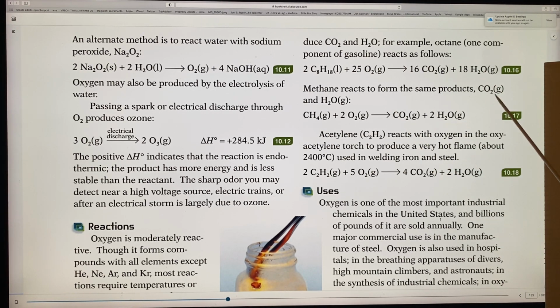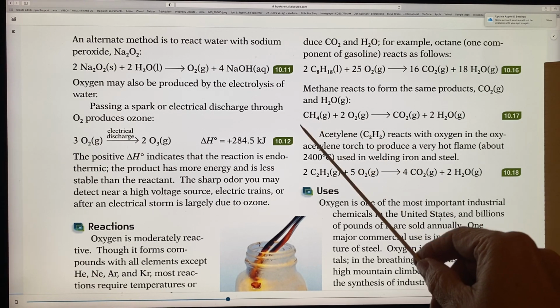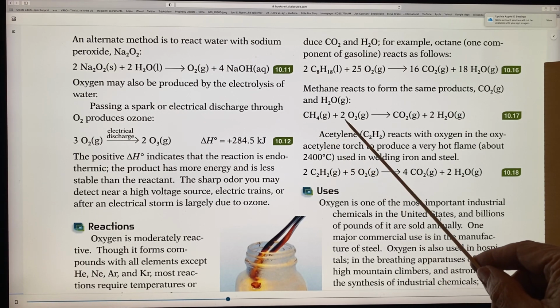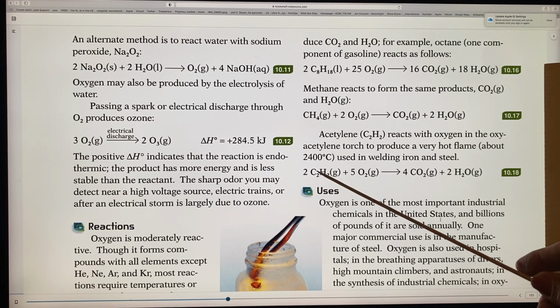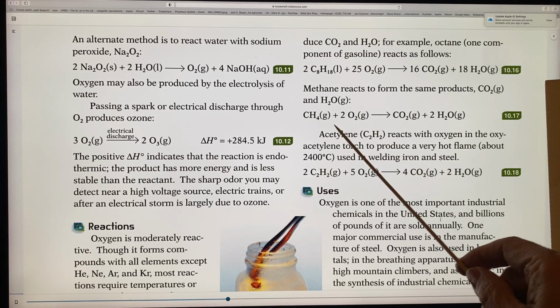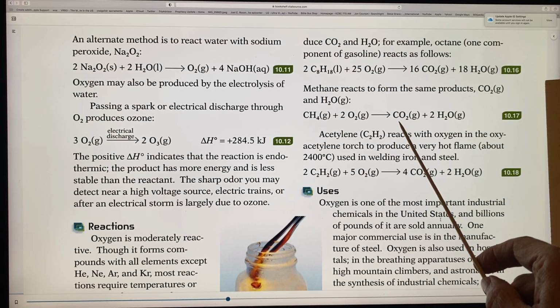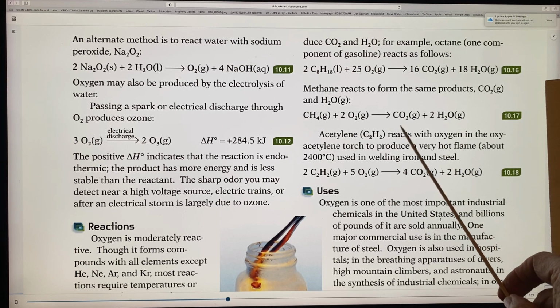Methane reacts the same way. Here we have the molecule of methane gas reacting with oxygen, producing carbon dioxide and water. Same thing that we produce, really. As we take in oxygen, we breathe out carbon dioxide and give off water, don't we?